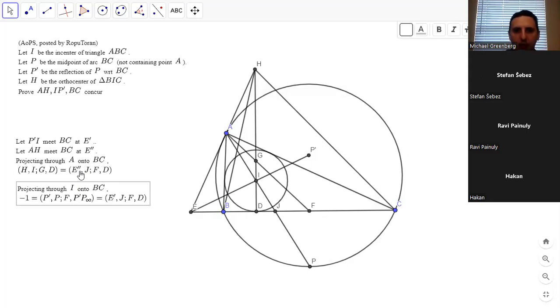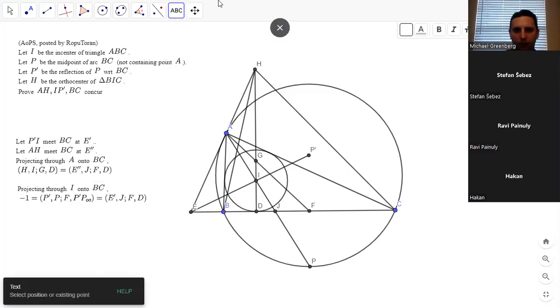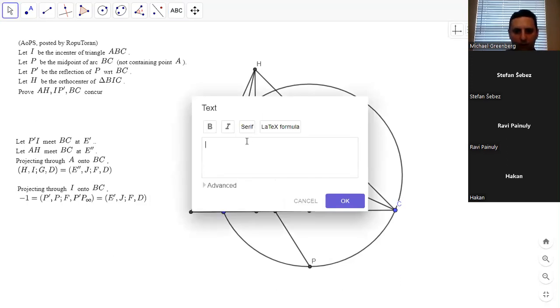Why? Let me just think about that for a second. G lies on the polar of A by a well-known lemma. Okay, I'll just say that. And then I'll move on to the next one. Let F be the midpoint of BC.